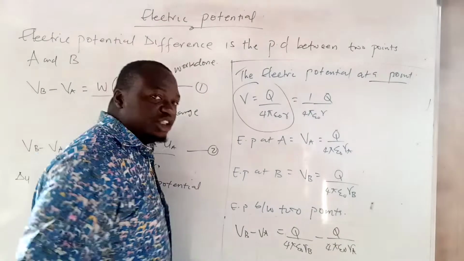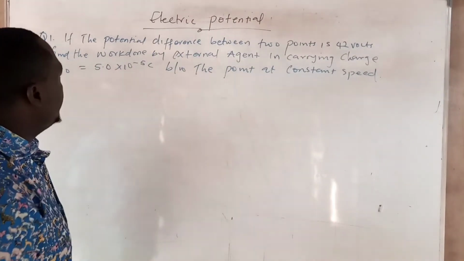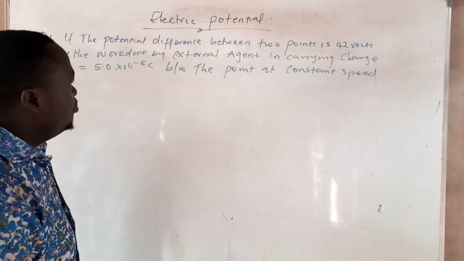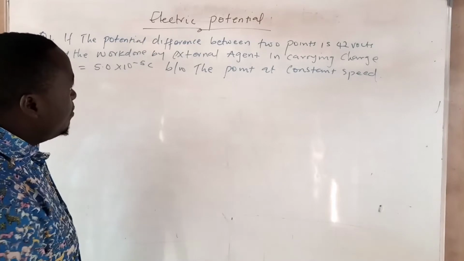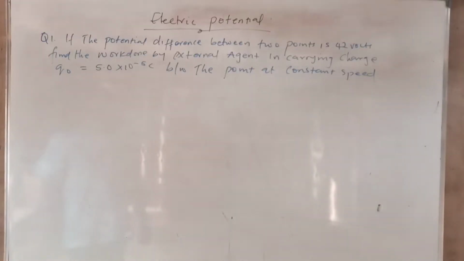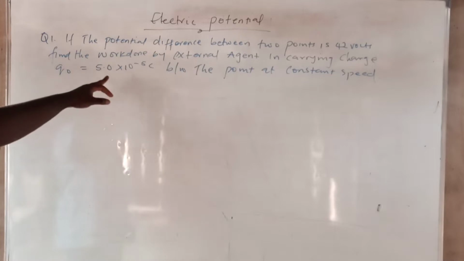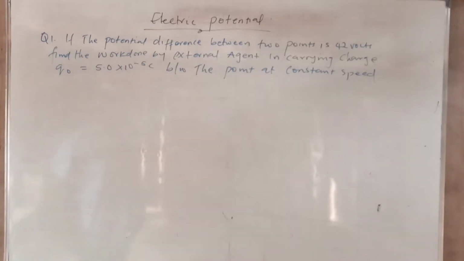Now let's go to calculation proper. Question number 1. If the potential difference between 2 points is 42 volts, find the work done by external agents in carrying charge. We have the charge, Q0, to be 5.0 times 10 to the power minus 5, between the points at constant speed.